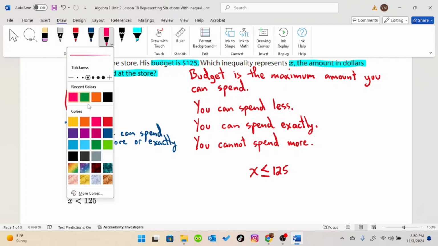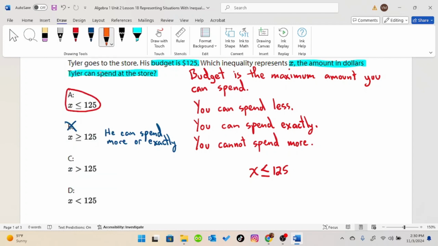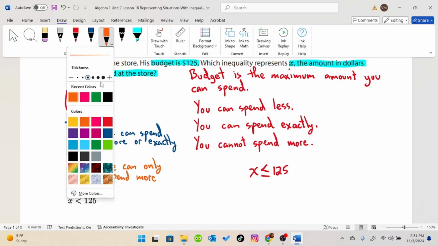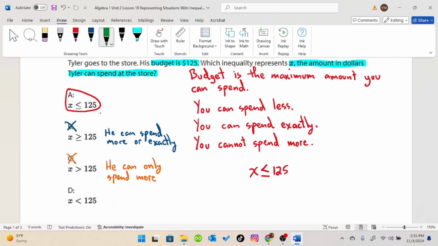When we look at C, C says he can only spend more, which is wrong. And D says he can only spend less.